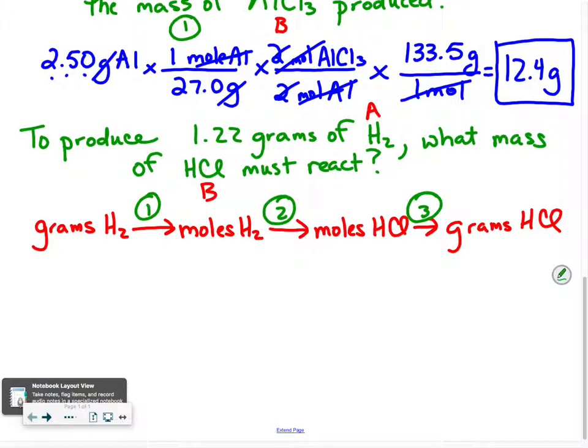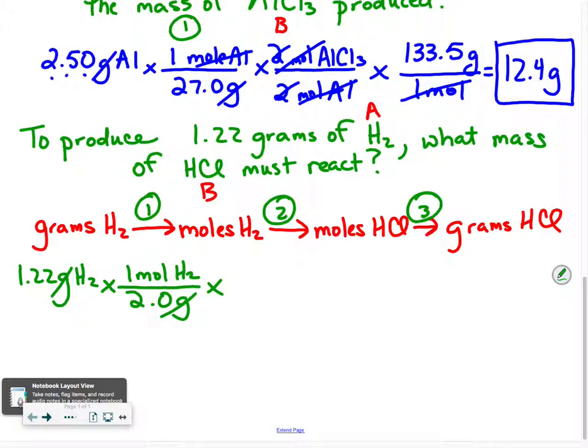All right, so let's bring down our grams of H2. We have 1.22 grams of H2. What do I need to go from grams to moles? Molar mass. Molar mass of H2 is just 2.